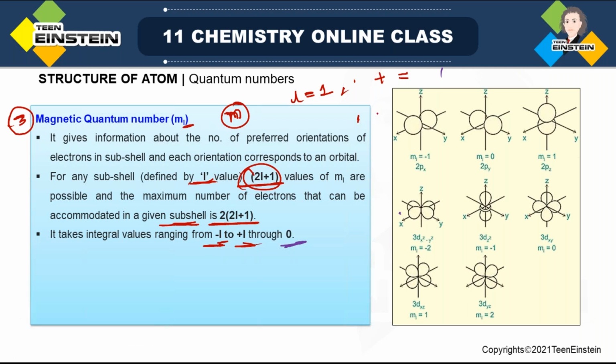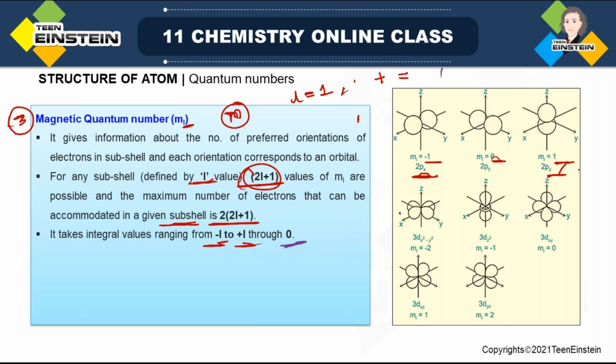So for p, as we have seen, there are 3 possibilities of ml: minus 1, 0, and plus 1. These 3 are basically denoted by px, py, and pz. And don't think that it is only true for 2px, 2py, 2pz.